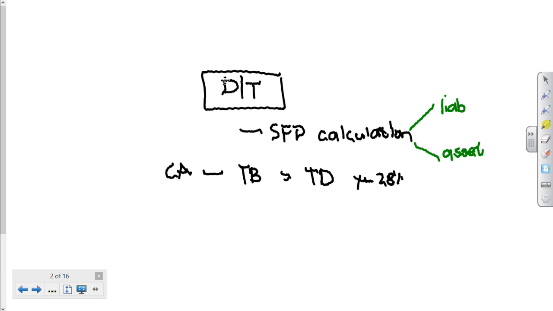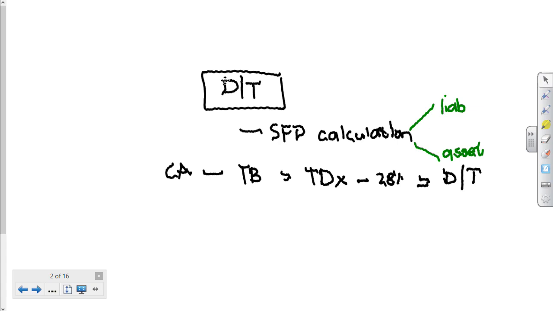Times minus 28% equals deferred tax. So that's your calculation. Carrying amount minus tax base equals temporary difference. Temporary difference times minus 28% equals deferred tax.